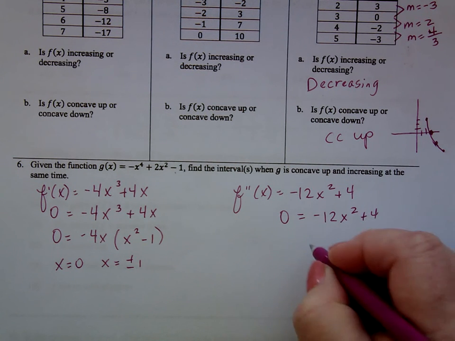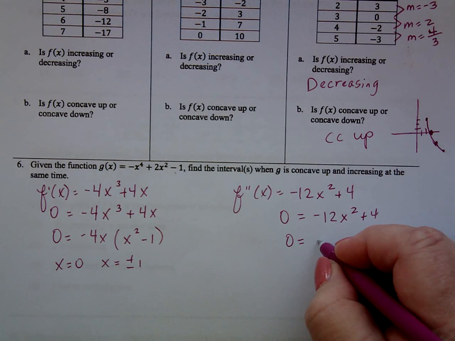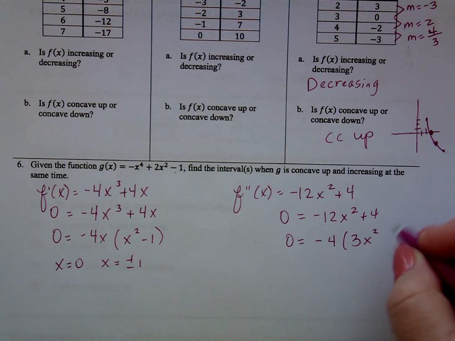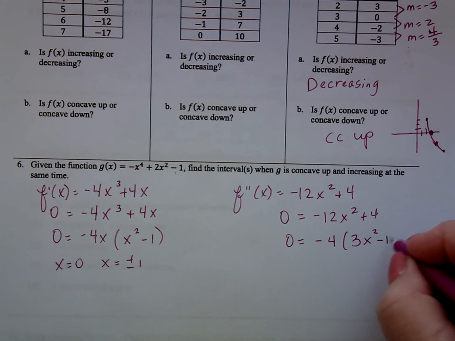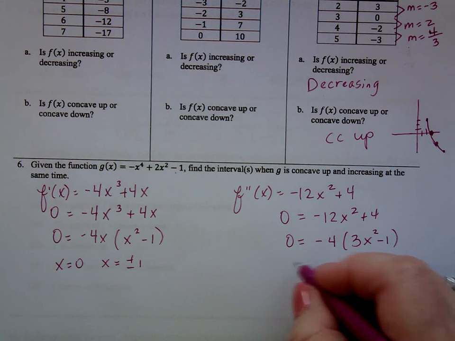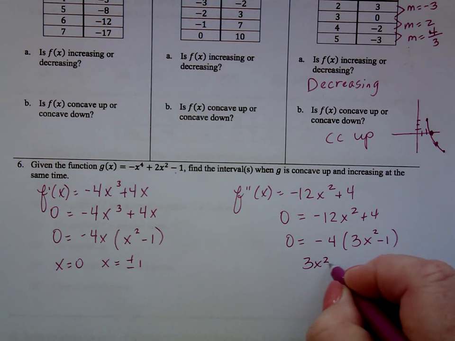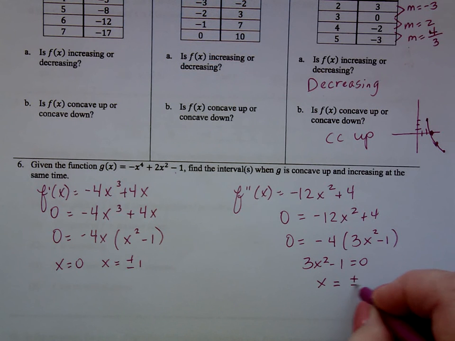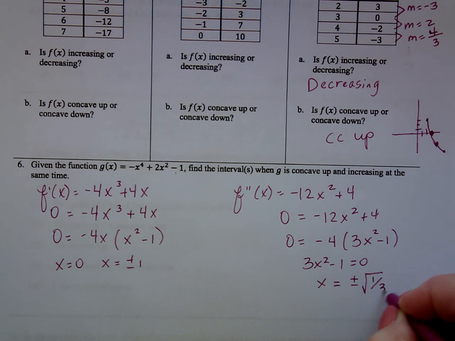Take out a 4, actually a negative 4, gives me 3x squared minus 1. Oh, that's a little ugly, right? The negative 4 doesn't mean anything, but 3x squared minus 1 gives me an x that is plus or minus the square root of 1/3, right? Swing the 1 over, divide by 3, take the square root.